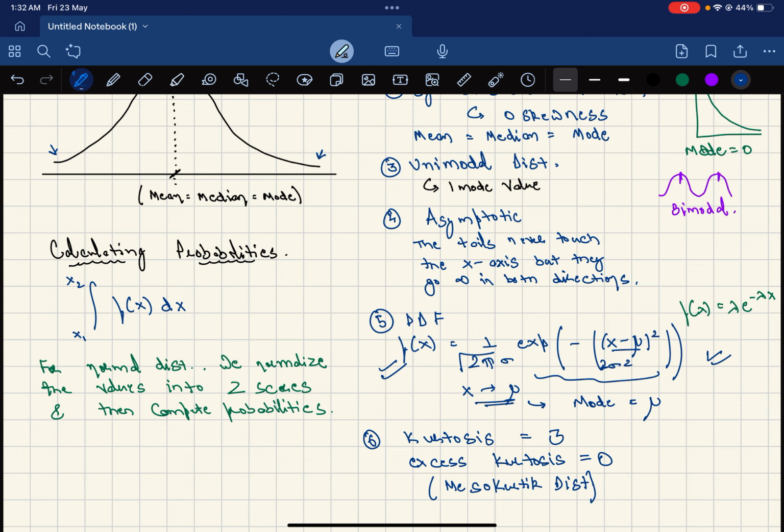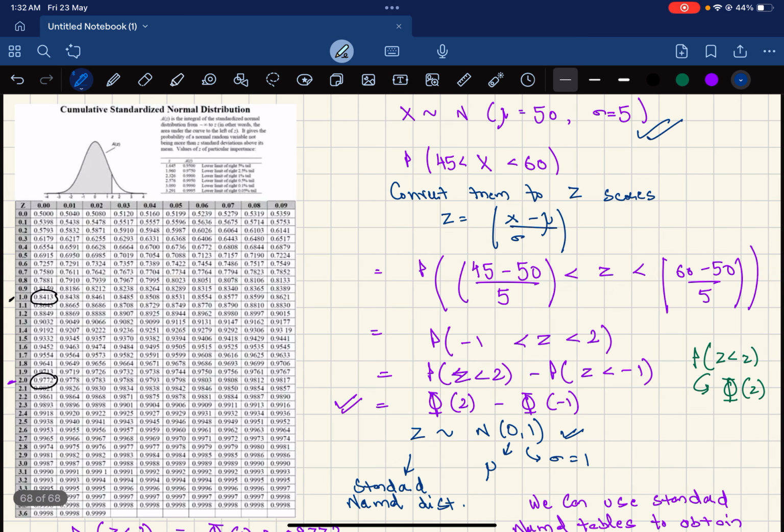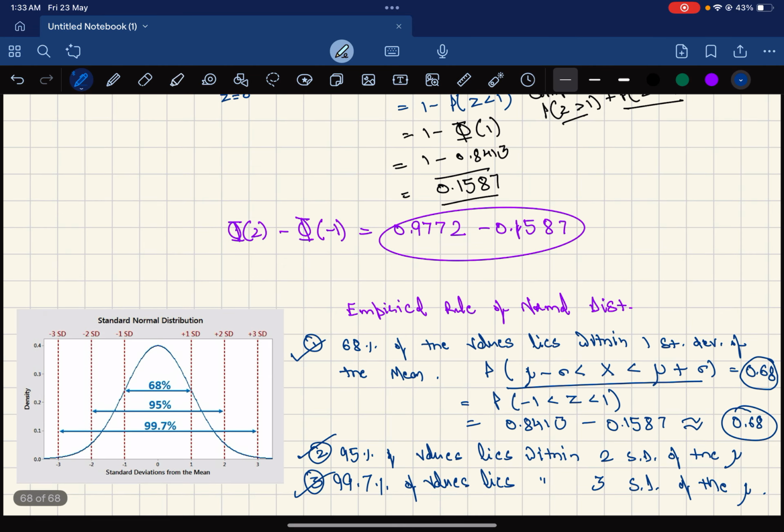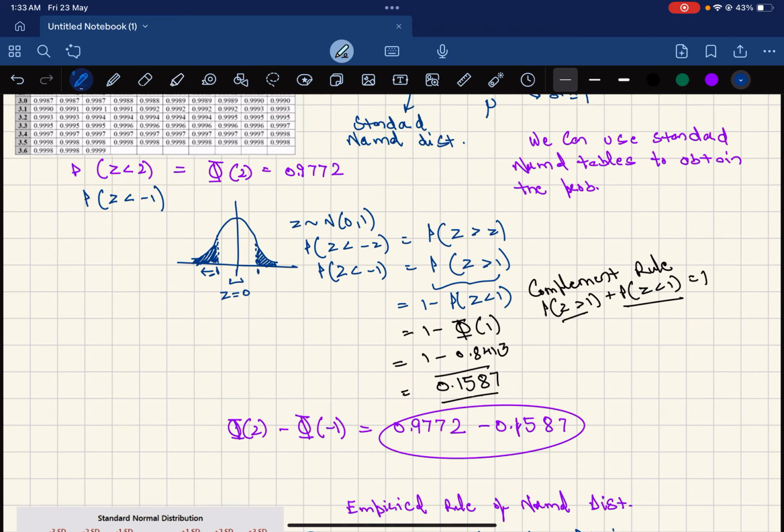Then to calculate the probabilities, we looked at how we first need to convert them into z-scores, and then using the standard normal tables for the standard normal distribution, which is the Z distribution here, we can calculate the required probabilities. And finally, we looked at the empirical rule of normal distribution, where we saw that 68% of the values should lie within one standard deviation of the mean, 95% of the values within two standard deviations of the mean, and 99.7% of the values should lie within three standard deviations of the mean. This is an introduction to the normal distribution.